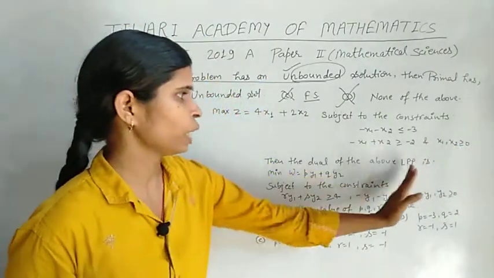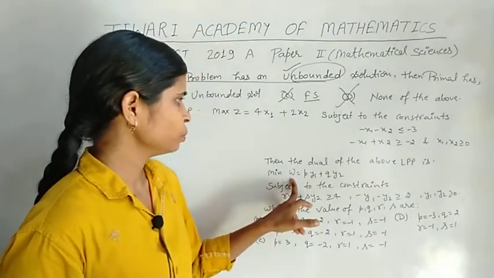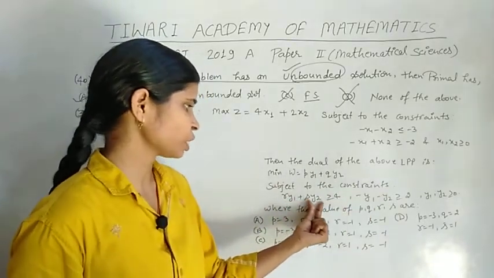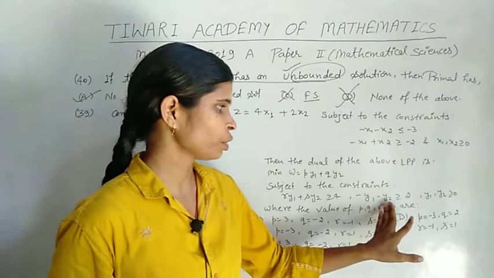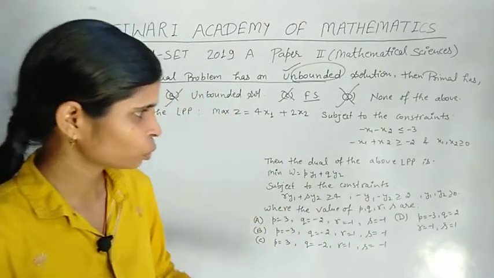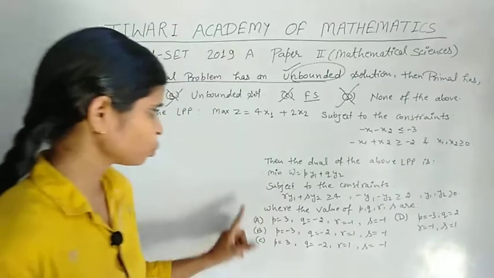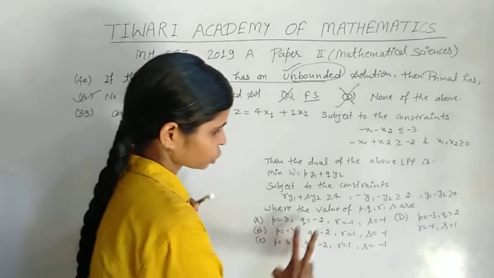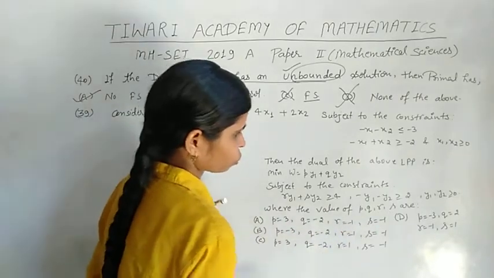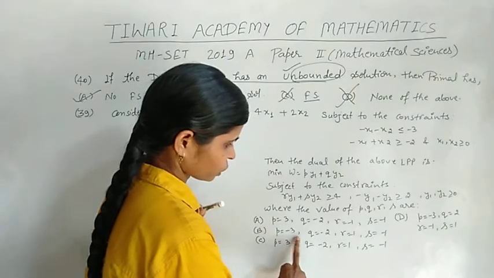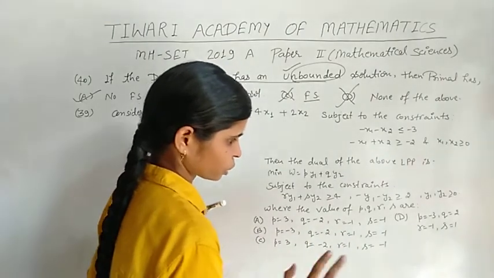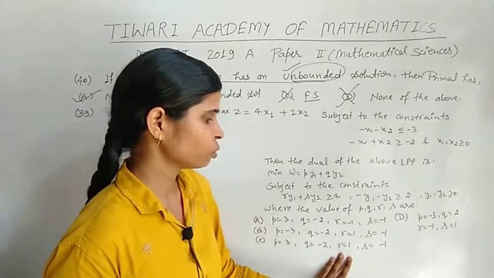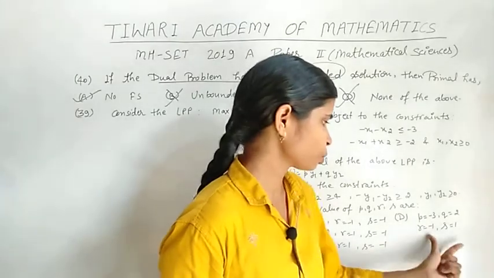Then the dual of the above LPP is minimum W equals Py1 plus Qy2 subject to the constraints Ry1 plus Sy2 greater than or equal to 4, minus y1 minus y2 greater than or equal to 2, y1, y2 greater than or equal to 0, where the values of P, Q, R, S are: option A, P equals 3, Q equals minus 2, R equals minus 1, S equals minus 1. Option B, P equals minus 3, Q equals minus 2, R equals 1, S equals minus 1. Option C, P equals 3, Q equals minus 2, R equals 1, S equals minus 1, and option D is this.